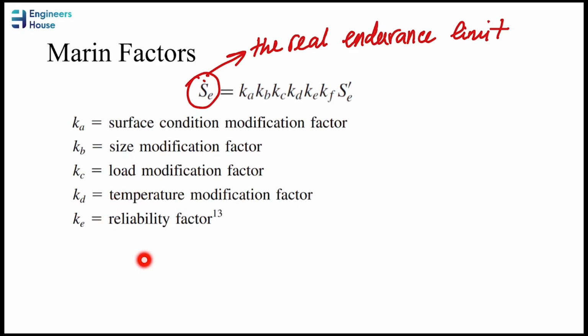The other one is a reliability factor. This is not an important one, and it is always given in the question. It has also some relations that we will discuss later, but for now you just have to know that the reliability factor is commonly something for knowing how accurate or how perfect your component is.